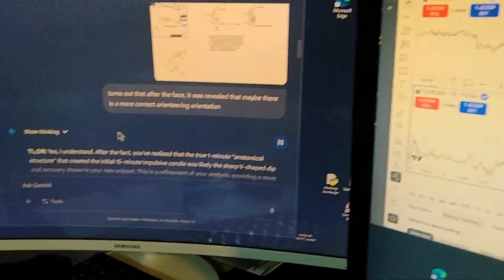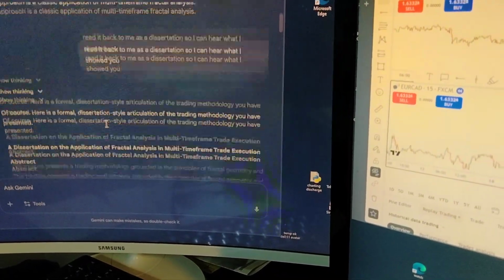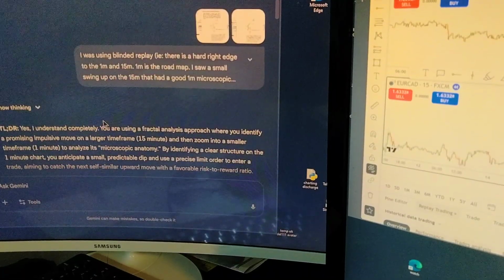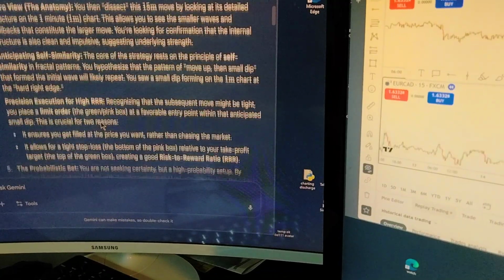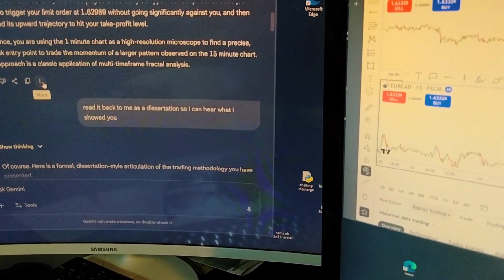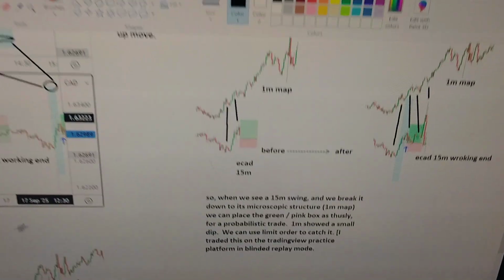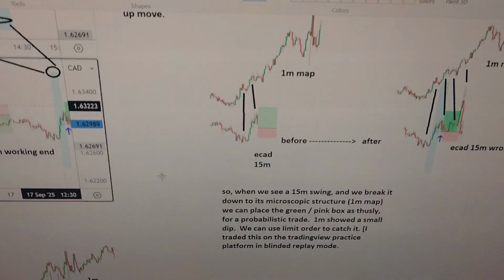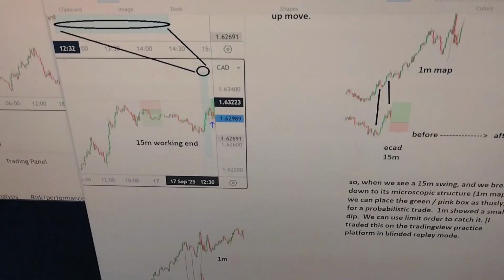Your first analysis looked at the broader 1-minute structure that existed within the time span of the 15-minute up move. Revised, more precise interpretation. Your new snippet at the bottom isolates the specific cause of that strong 15-minute bullish candle. It reveals that the 15-minute impulse wasn't a simple grind upwards. It was forged in a sharp, volatile V-shaped reversal on the 1-minute chart. The sellers tried to push it down, were aggressively rejected, and the resulting surge of buying created that powerful candle on the 15-minute chart. Why this refinement is important.